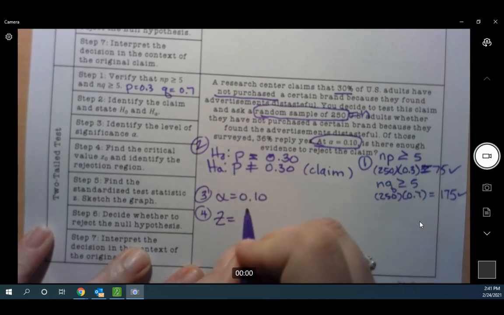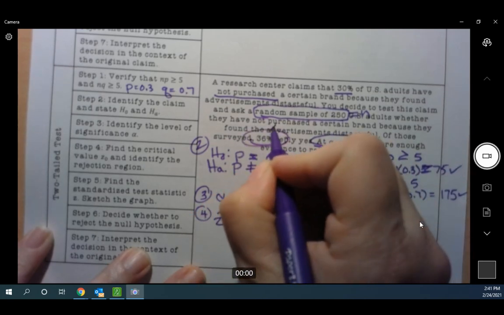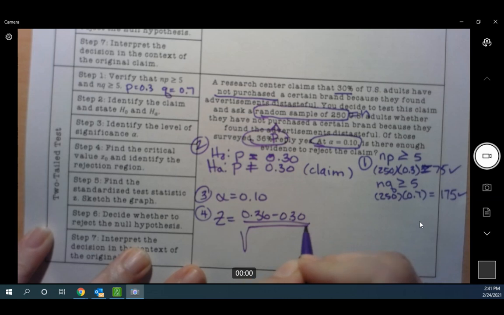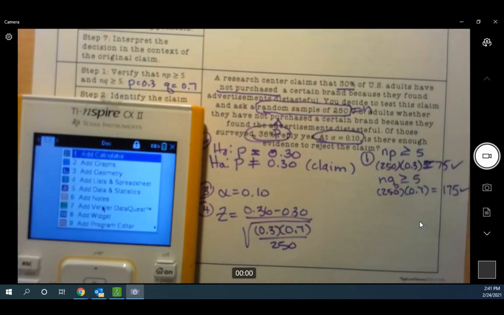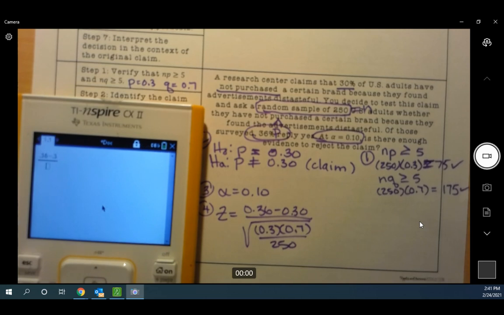So p hat, which is 0.36, that's their p hat. 0.36 minus 0.30 over the square root of 0.3 times 0.7 divided by 250. In your calculator, that's the square root fraction, 0.3 times 0.7 over 250.